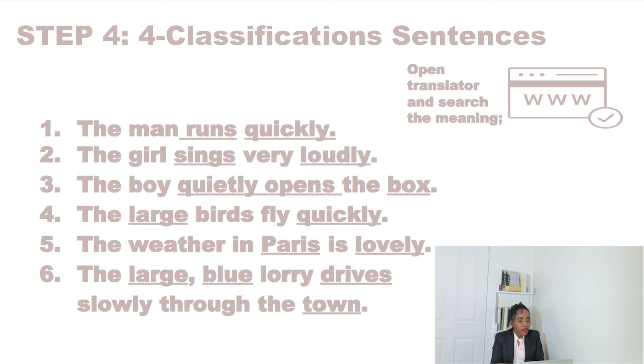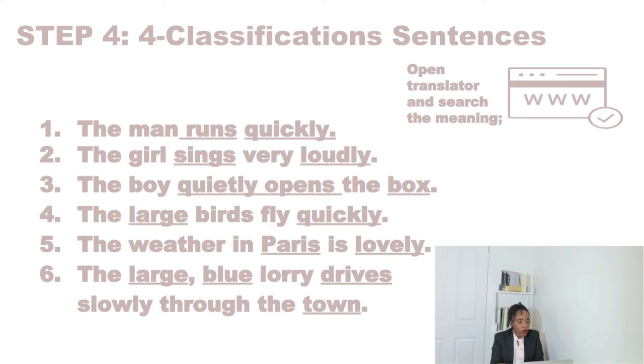So shall we read through these one more time? 1. The man runs quickly. 2. The girl sings very loudly. 3. The boy quietly opens the box. 4. The large bird flies quickly. 5. The weather in Paris is lovely. 6.